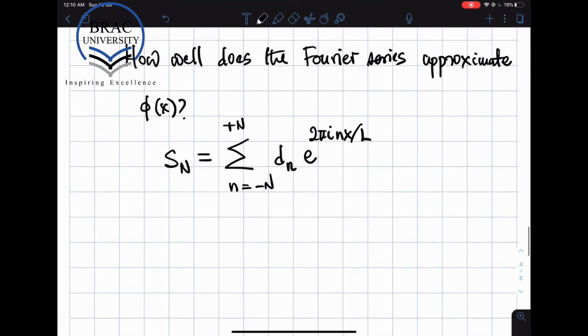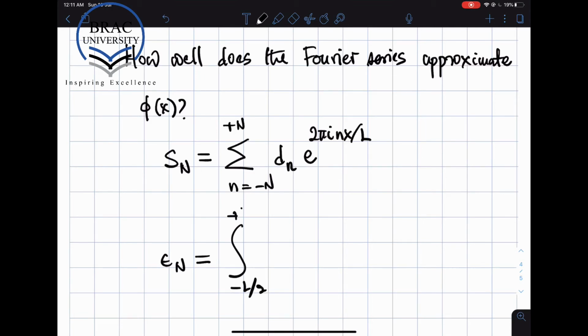Let's ask, how well does this partial sum, this series, approximate the function phi of x? So let's introduce a measure for error. Let's consider epsilon n, a measure of error in the sense of least squares.